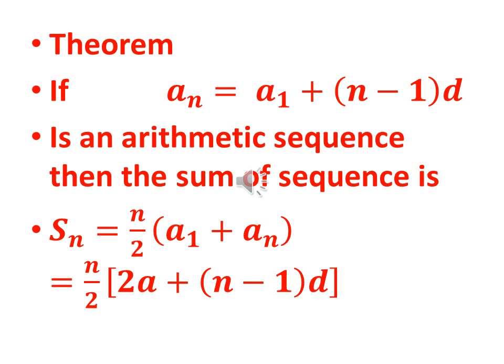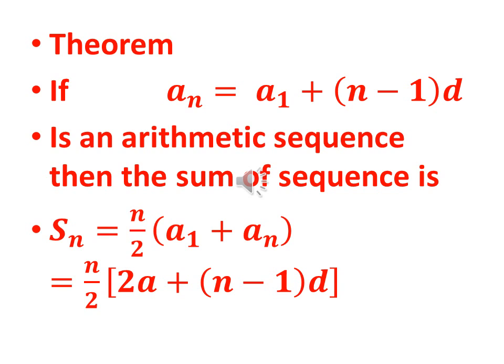So we have a general rule. You have to save these two rules correctly in our mind, because without the two rules we cannot solve arithmetic sequences. First rule: the nth term an equals first term a1 plus n minus 1 times g. The nth term is the term which we want, like term number 10 or term number 9.